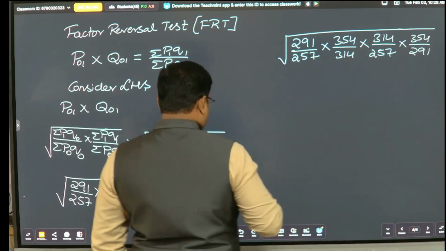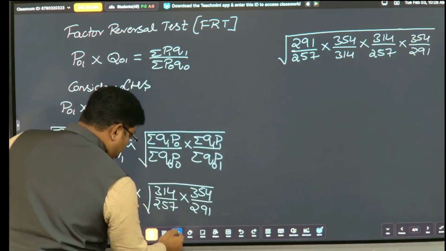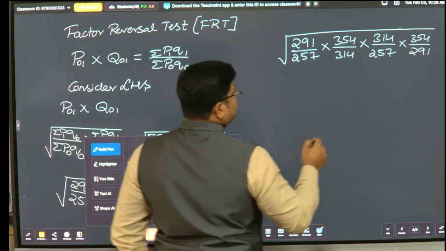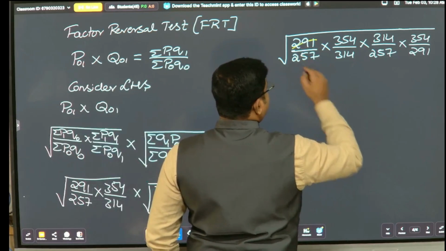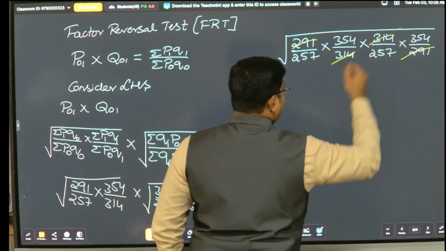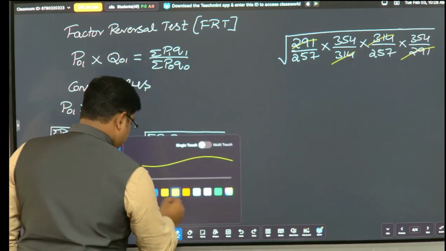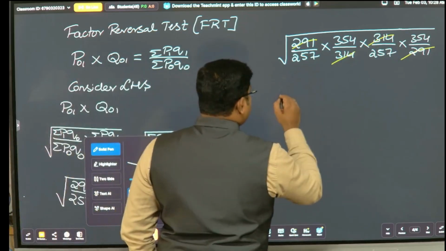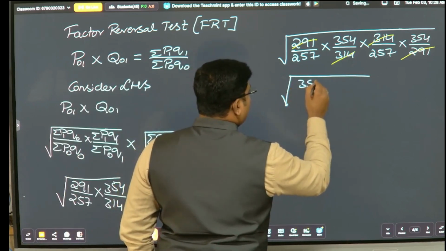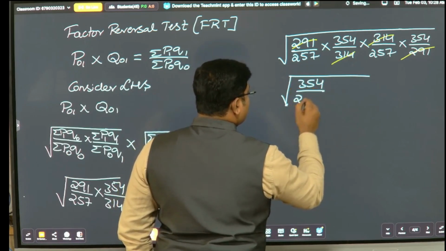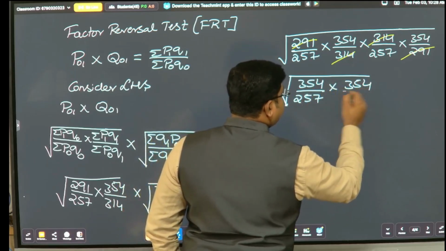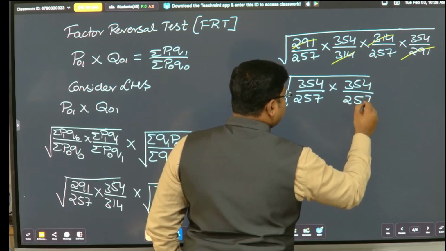Now, whichever is possible to cancel, we can cancel. 291 gets cancelled, 314 gets cancelled. Any doubt up to this? Now, the remaining part I am writing here: 354 divided by 257 into 354 divided by 257.